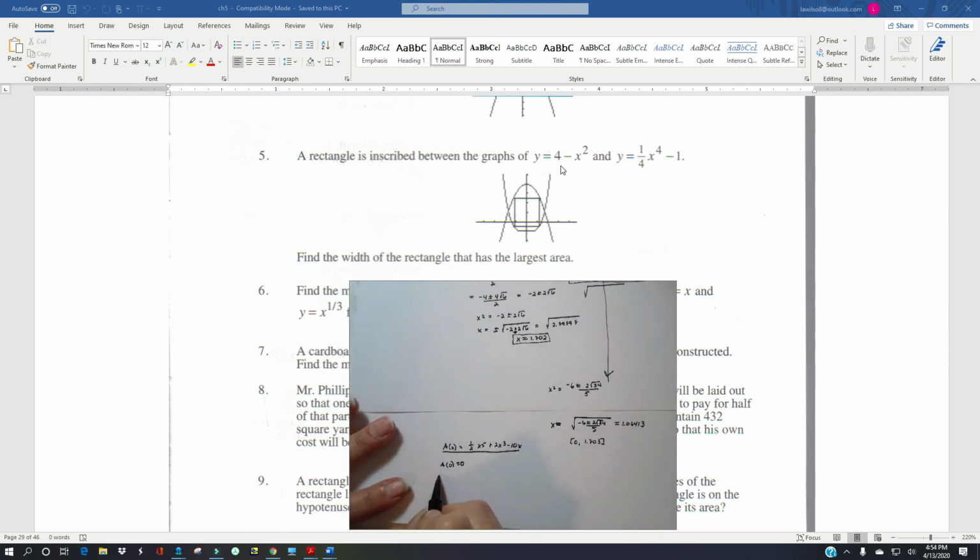If I plug in 1.06413, well, just bear with me.